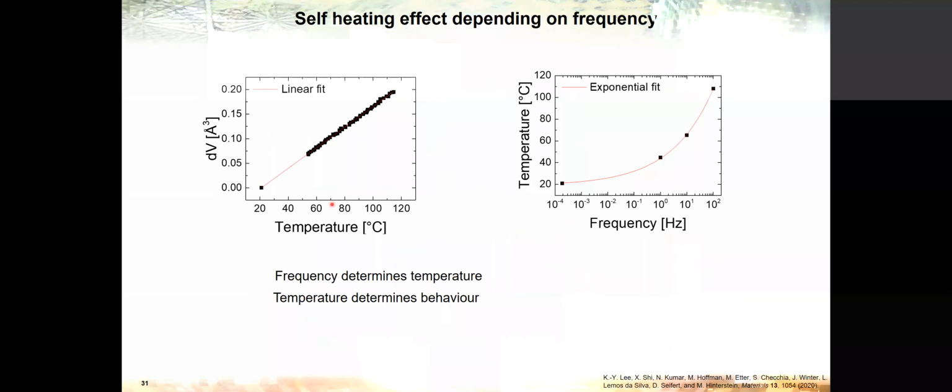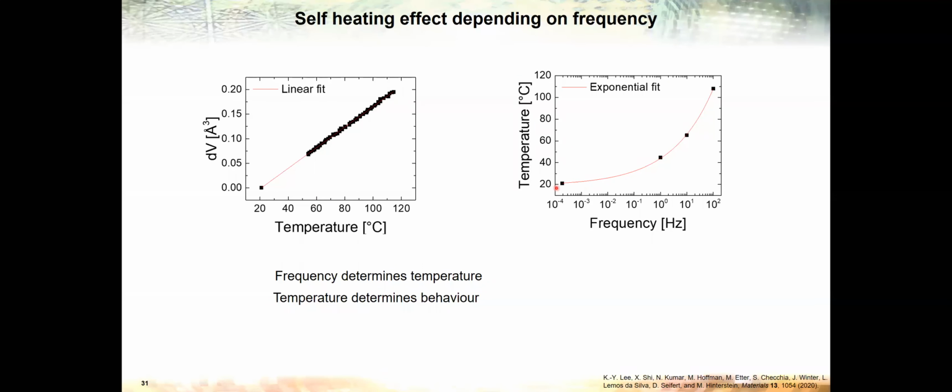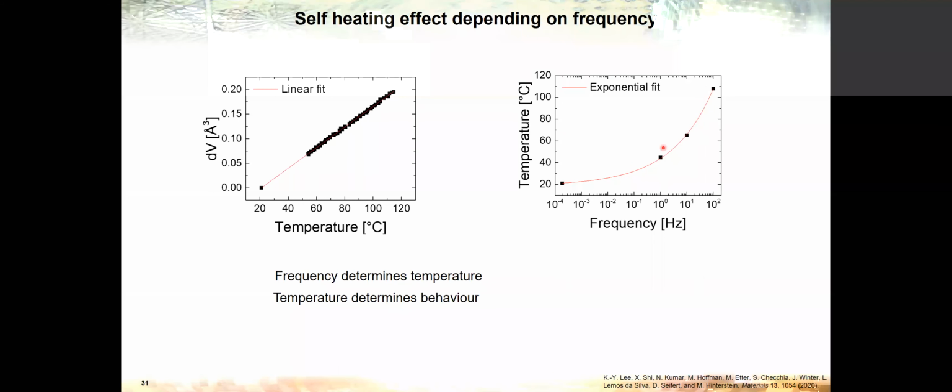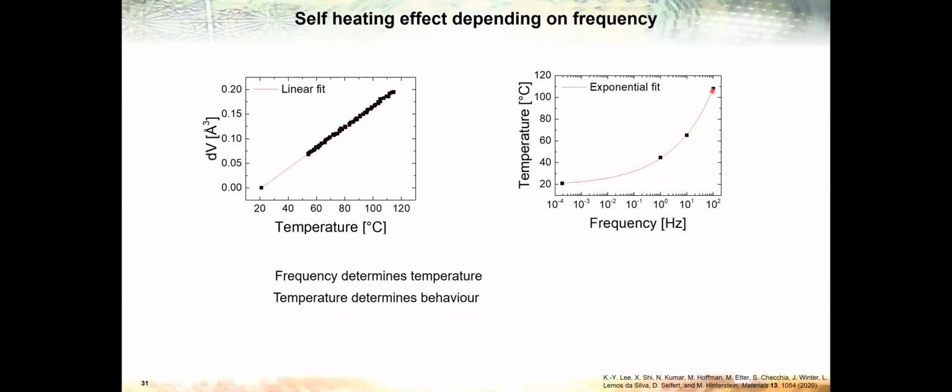The interesting thing here was that we could see a gradual shift of the reflections, and we could explain this by self-heating at higher frequencies. This means the change in field-induced phase transformation is actually a temperature effect, because at 100 Hertz you heat up the sample so much that it's almost at the cubic state already.